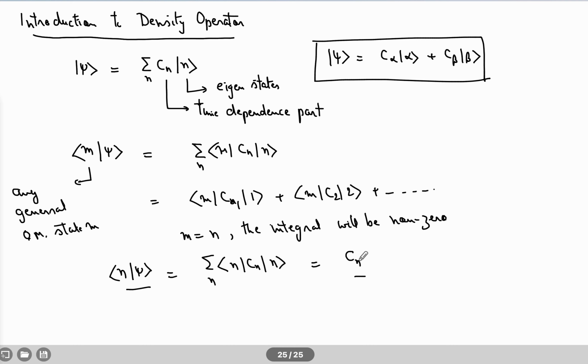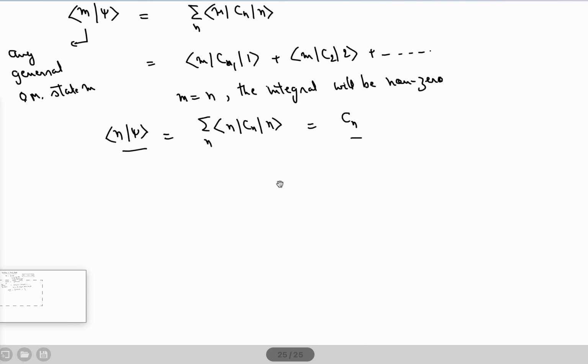So you can find out the coefficient Cn if you take the integral of an eigenstate with respect to a superposition state. Now psi is equal to summation Cn n over all n.